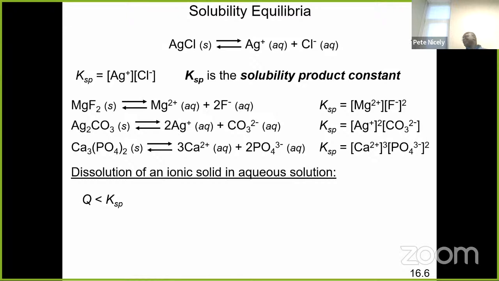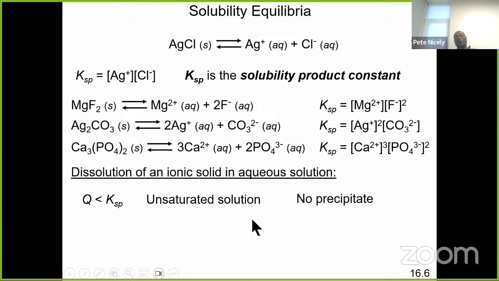Remember, Q is the product of the concentrations of the ions, regardless of whether or not the system is at equilibrium. If Q is less than KSP, then you're going to end up with an unsaturated solution. In other words, there's no precipitate that would be formed. So that's going to happen when Q is less than KSP.